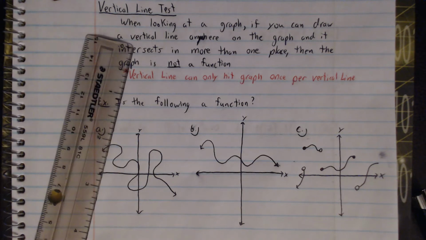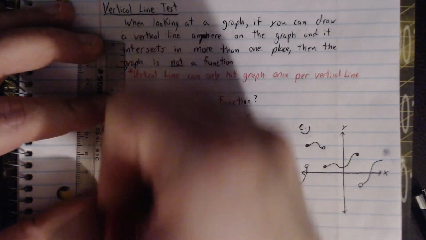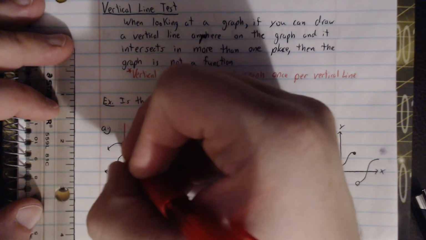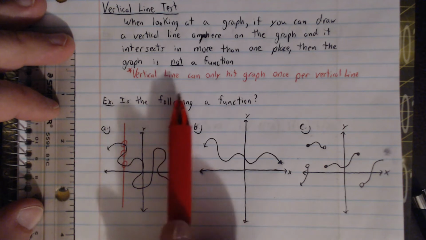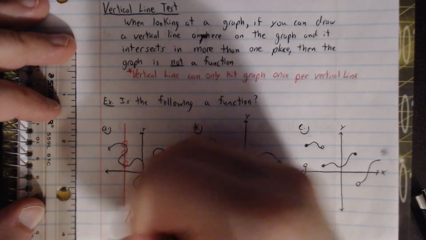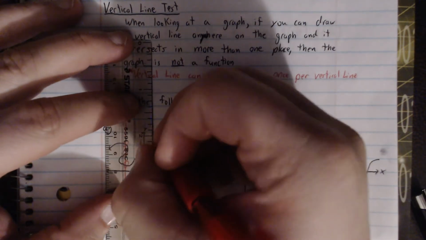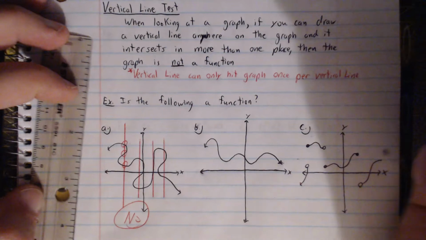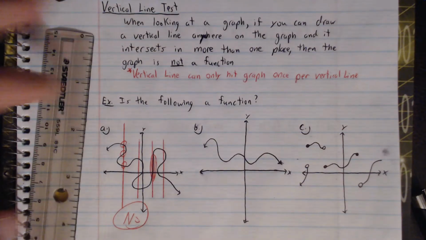So if I were to draw, say, a line here, on this example, we have a problem because it's hitting in multiple spots. And the vertical line test says only once per graph. So this is not a function because it hits more than once. And in fact, we can check multiple places and we're seeing it hit multiple times, especially right here where it's hitting a whole bunch of times.